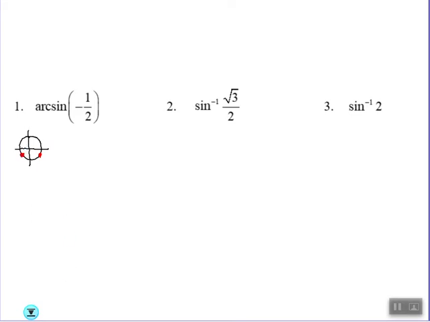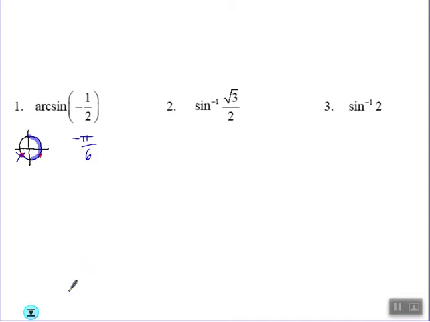But we said that inverse sine or arcsine is only defined on this half of the unit circle, which means that we are going to ignore this value and just look at the point that is between negative pi over 2 and positive pi over 2. So on the unit circle, this angle would be negative pi over 6.